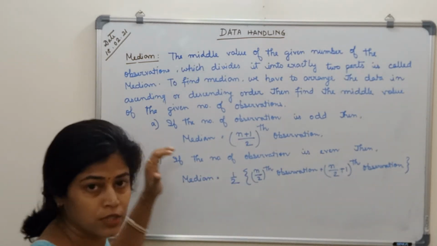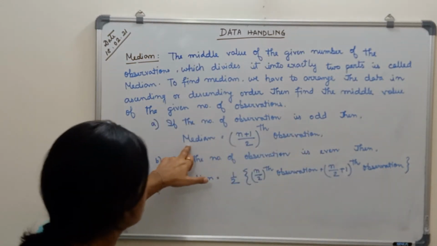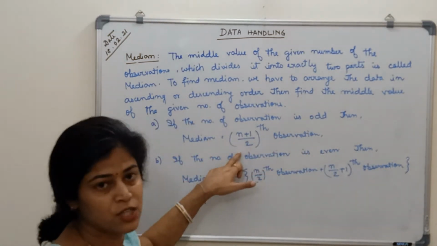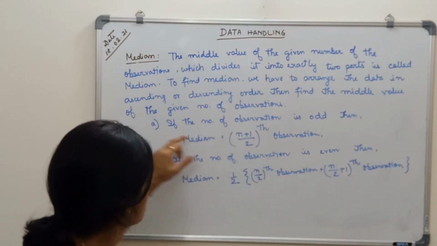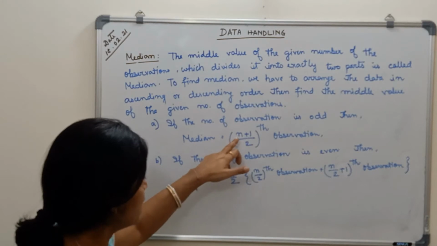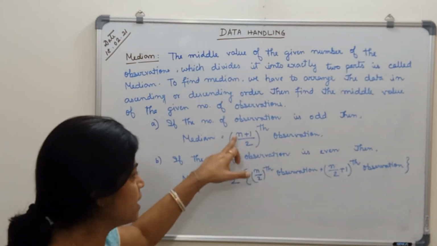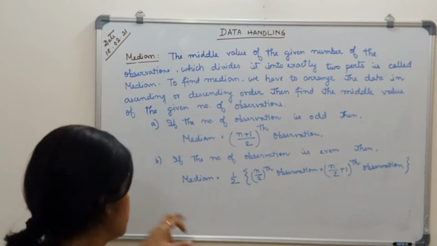If the number of observations is odd, then the median will be the (n plus 1) by 2th observation, where n is the total number of observations.